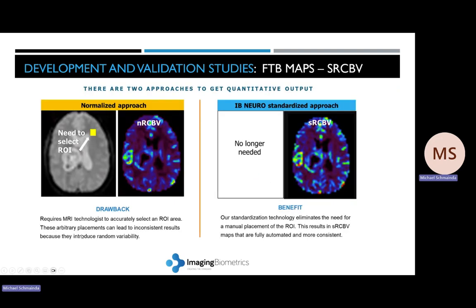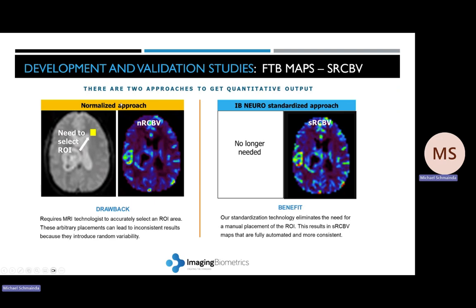So MR imaging is inherently variable. The same patient could be scanned on the same scanner with the same scanner settings at the same time, and the output measurements could vary considerably. There are some methods to get around this issue. The traditional approach is to use tissue normalization techniques.